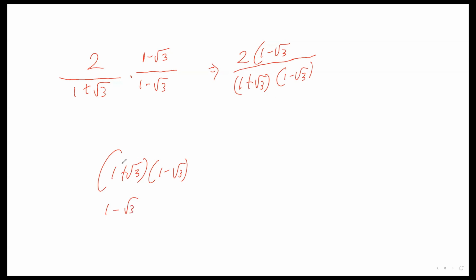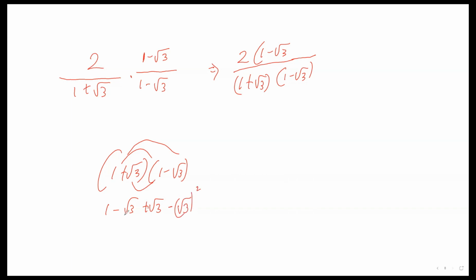Root 3 times 1 is plus root 3. And positive root 3 times negative root 3 is going to give us negative root 3 squared.